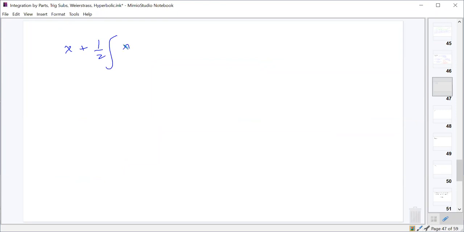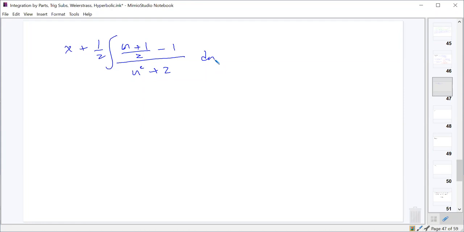So that should be u plus 1 over 2, and then minus 1, all over, and then that should have become a u squared plus 2 du. Everybody agree with that? Yeah. Okay.